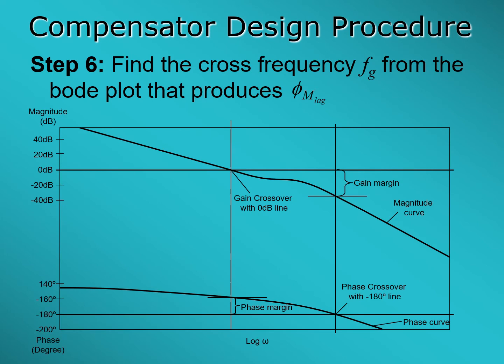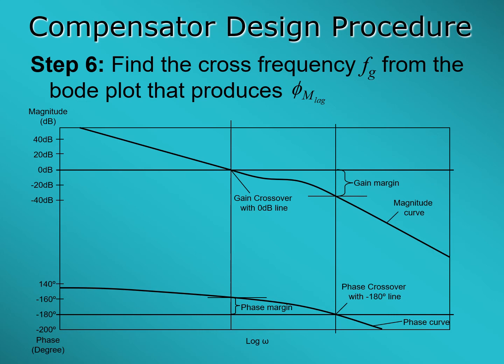Alright, step number 6, find the cross frequency Fg from the Bode plot that produces phi m lag. Like I said, in designing the phase lag compensator, you use a lot of the Bode diagram information. So how?